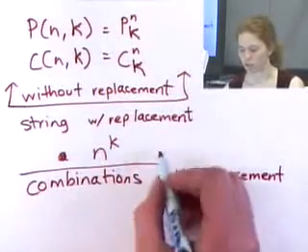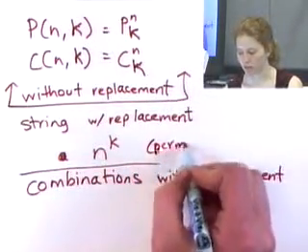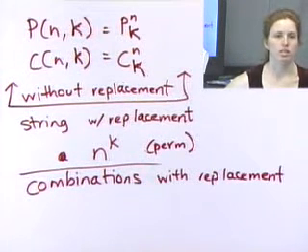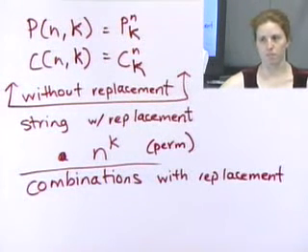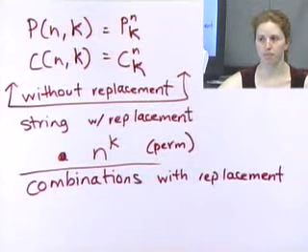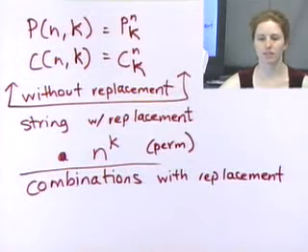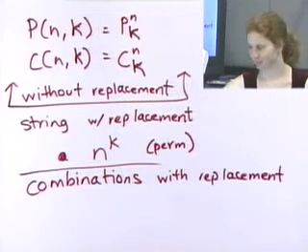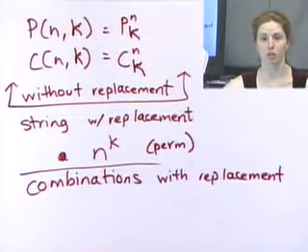Then we had a permutation with replacement. And the only thing left is combinations with replacement. And the reason why it comes last is because it's the hardest. But they're the most fun problems to solve.